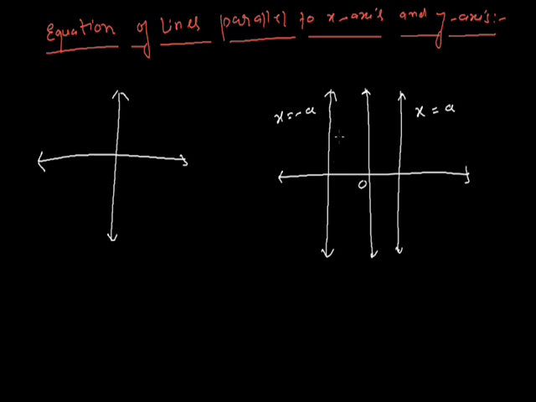So this distance is a, and also this distance is a. Similarly, we can draw a line parallel to the x-axis as this. Here this distance is b, and also this distance is b.